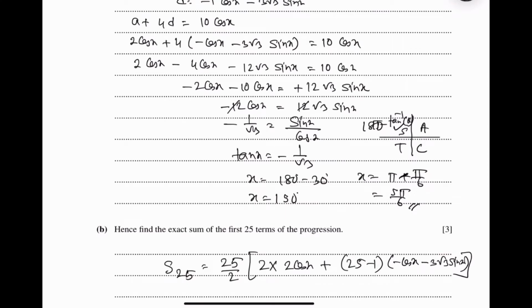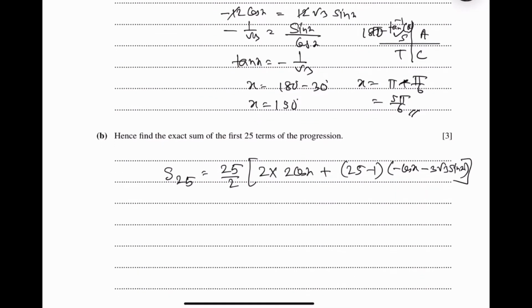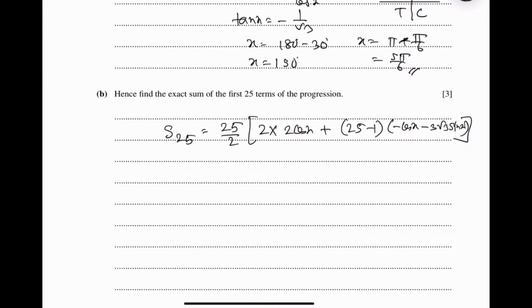We have the x value, so we can use this. This is 25 by 2 times 4 cos 5 pi by 6 plus 24 times minus cos 5 pi by 6 minus 3 root 3 sin 5 pi by 6.